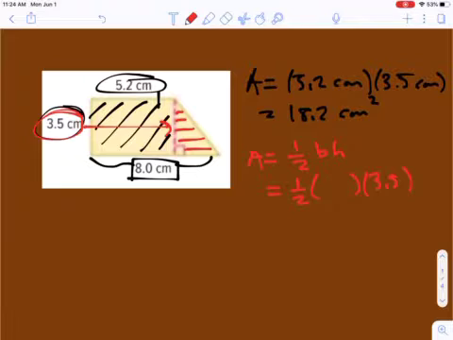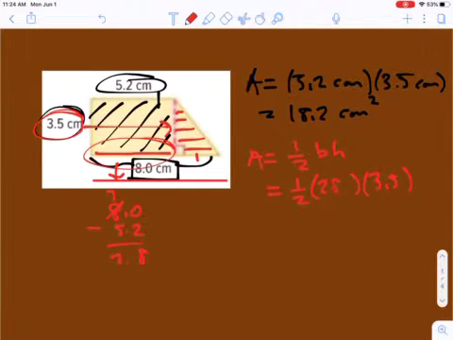Now for my base, I know how long this part right here is, and I know how long this whole part is. So if I subtract this from this, I should be able to figure out what that is. If I take 8 and subtract 5.2 from it, 10 minus 2 is 8, you have to take 1 from there, so you get 2.8.